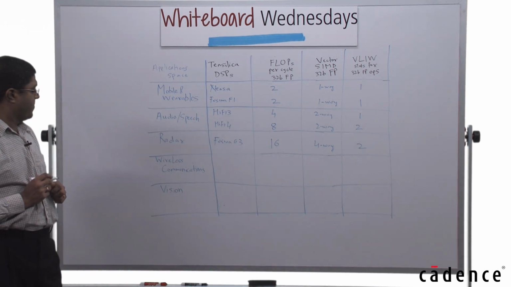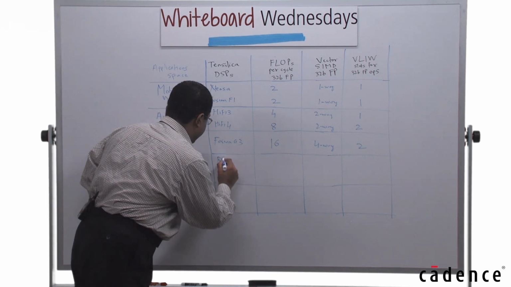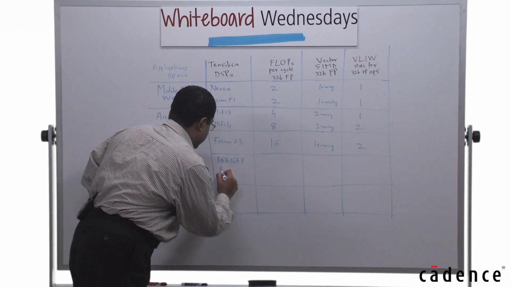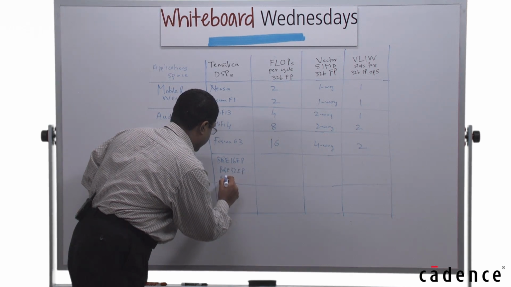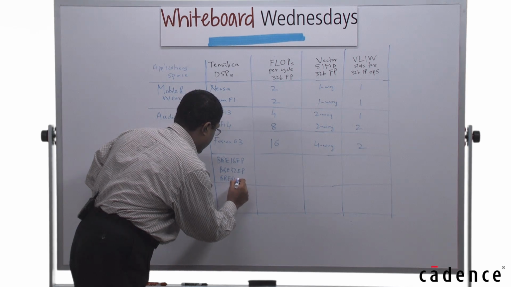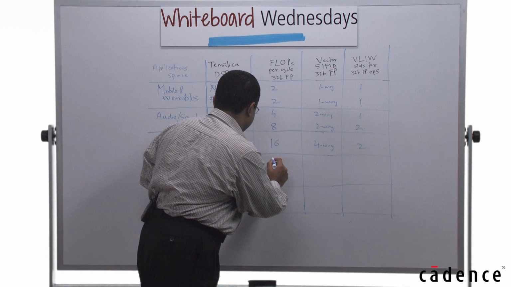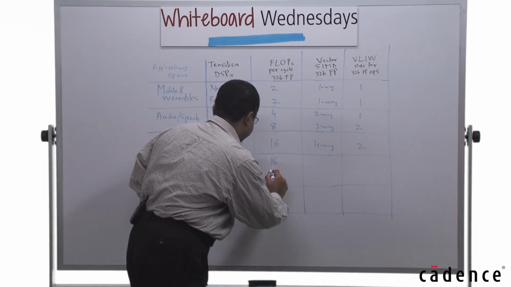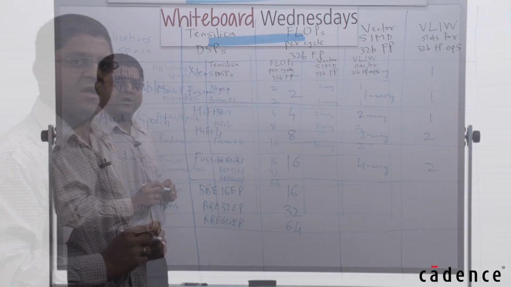For wireless communications, the BBE family, the BBE16, the BBE32 and the BBE64. In terms of flops per cycle, the BBE16 does 16 flops per cycle, 32 for the BBE32 EP and 64 flops per cycle for the BBE64.